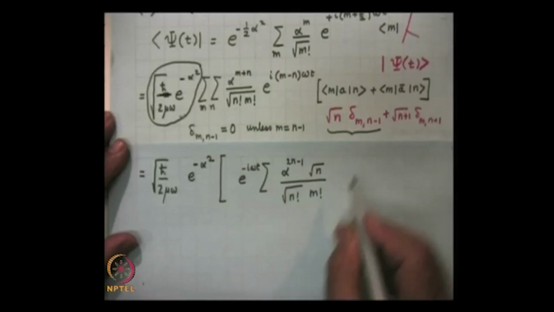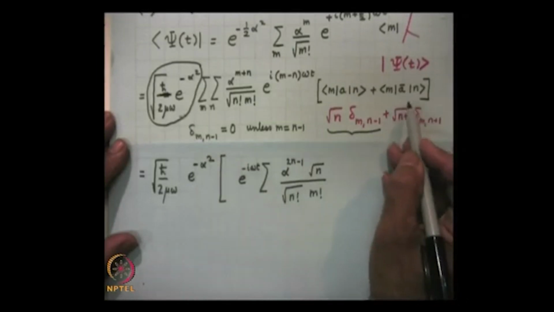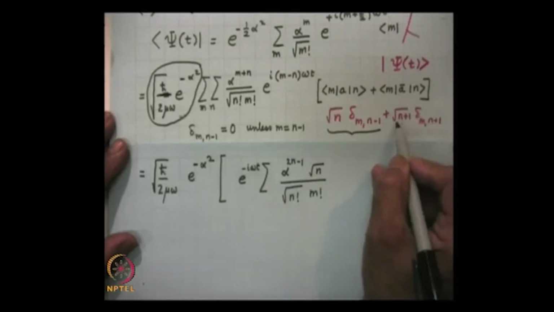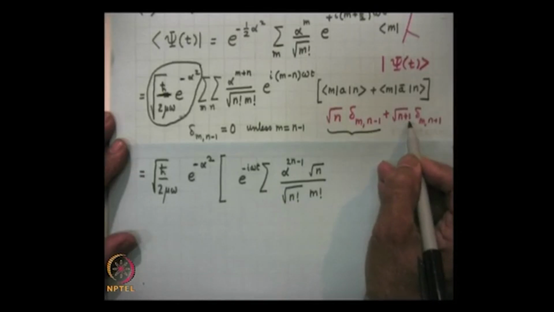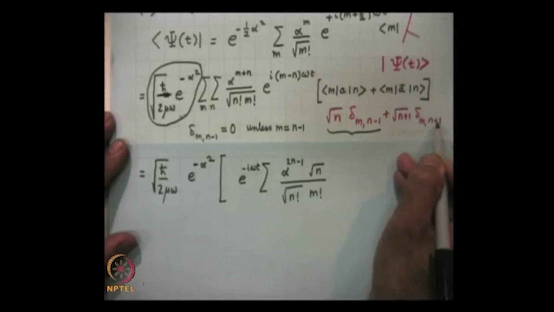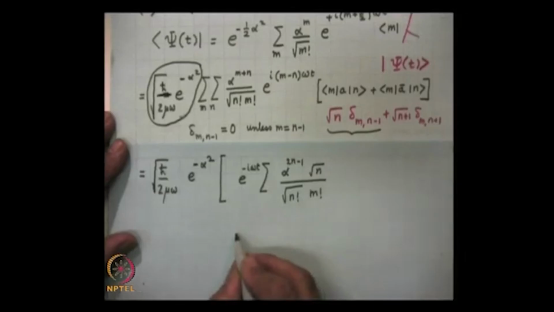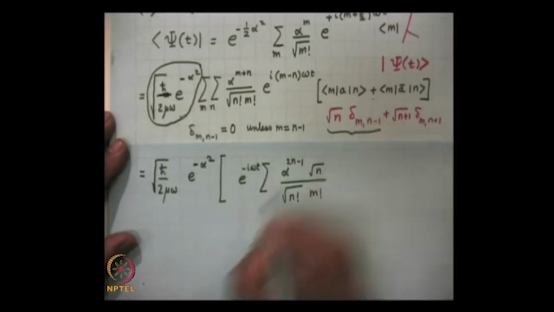Let me first evaluate the second term, which is square root of n plus 1 delta of m, n plus 1. So only the m equal to n plus 1 term survives, so this will be a plus sign here.